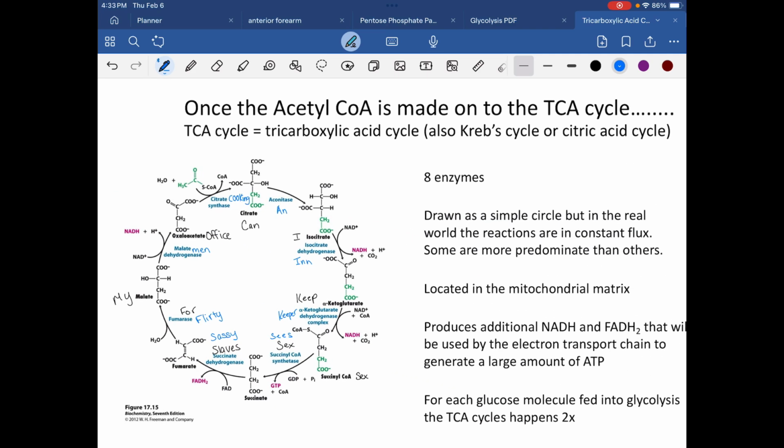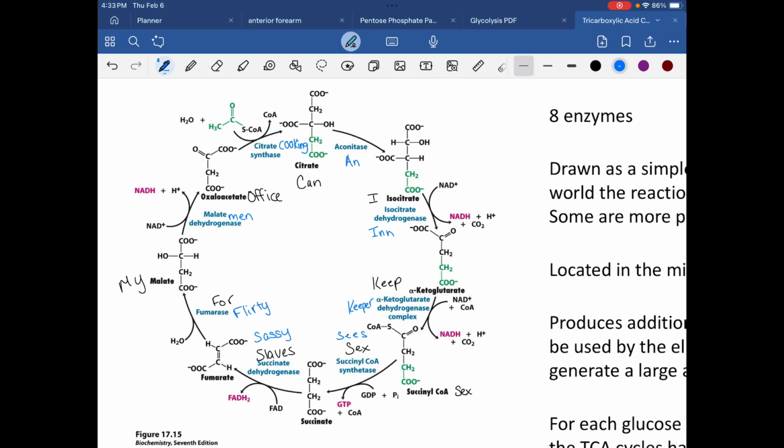I'm not going to go through all the letters. Once again, just like I did with glycolysis, I find it more effective to either memorize the enzymes or memorize the names of the intermediates and use your knowledge of those to fill in the blanks about what the enzymes are or what the intermediates are, instead of trying to memorize both mnemonics. I think if you use a little bit of logic and memorize one or the other, you can use your knowledge to come to an answer of what that missing piece of information is.